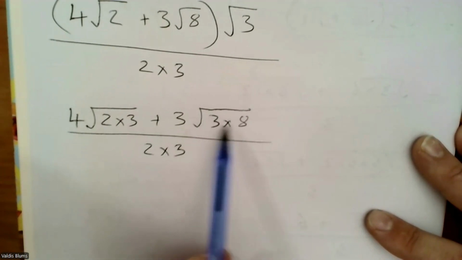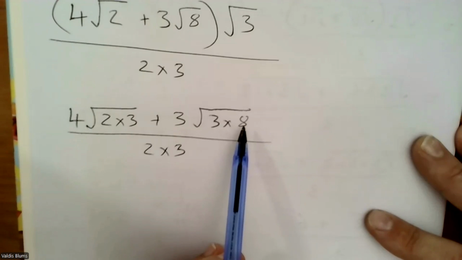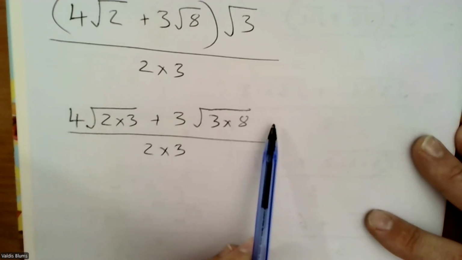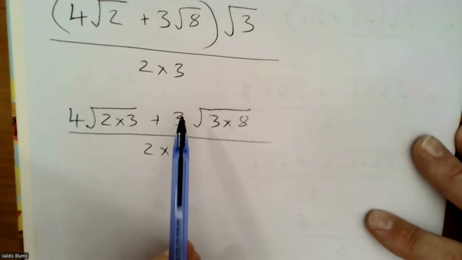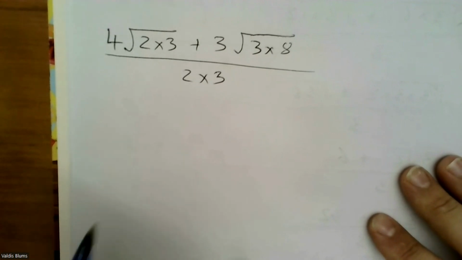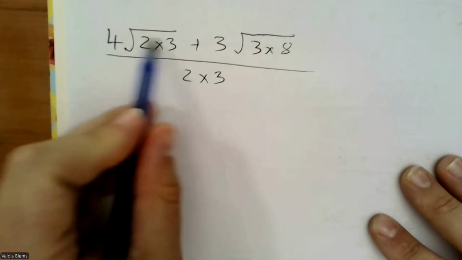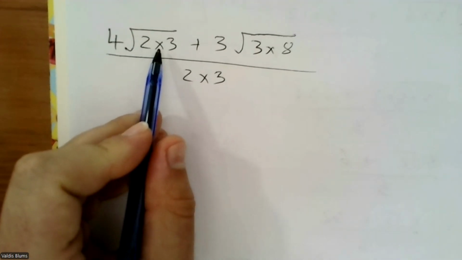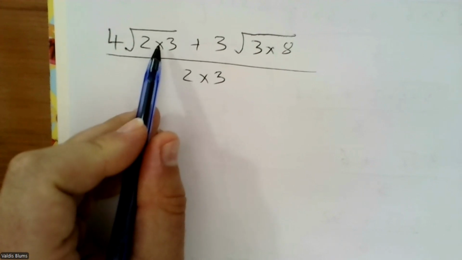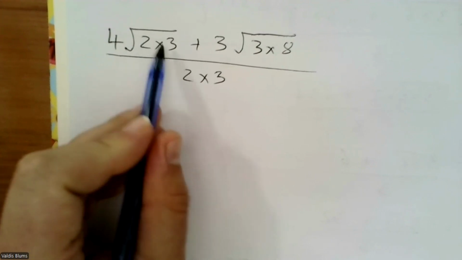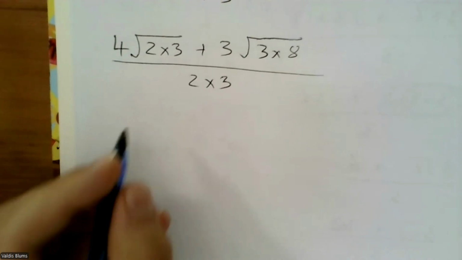This second term on the numerator, I could probably pull something out of the 8. So that's going to be 2 by 4, and the 4 can get pulled out as a 2. So let's do that. I'll write it in 2 steps just to make it a little bit clearer. But because nothing can really get pulled out of this here, I'm probably just going to leave that as square root 6.